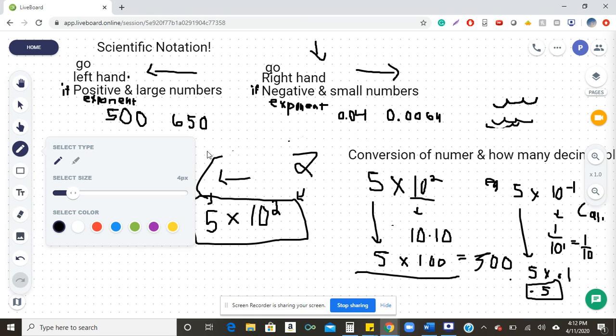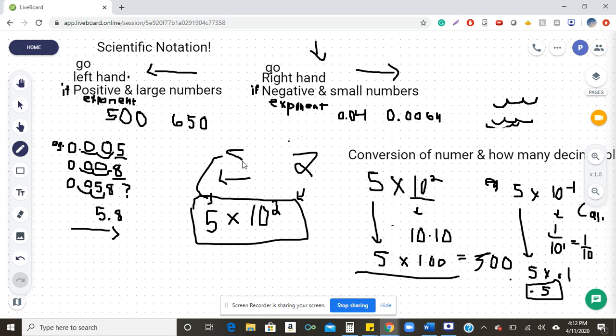You are essentially going to take the 500 and place the decimal where it naturally lays in the number 500. The decimal would stop right here. So you take that decimal and you go left however many times it takes to stop before the non-zero digit, which in this case is 5. And I'm going to show you more examples of this.